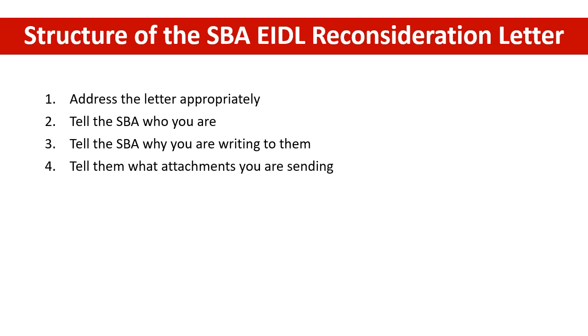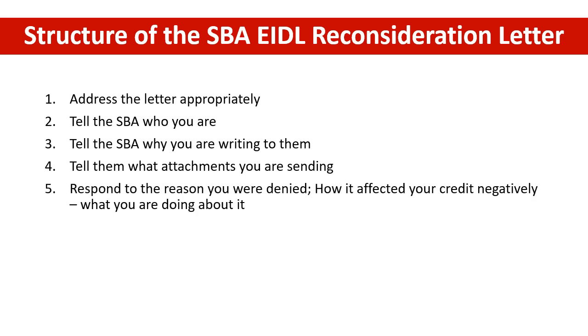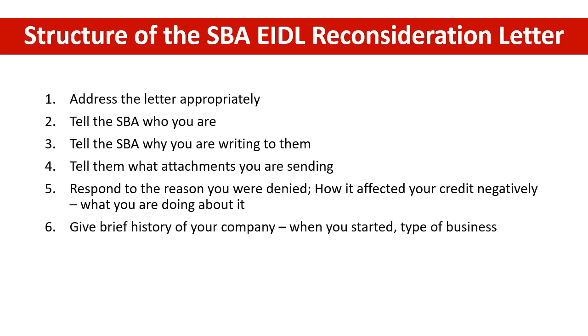You're going to tell them the exact attachments that you are sending and including. You're going to respond to the reason why you were denied, how it affected your credit negatively, meaning the COVID situation, or even if you had some previous things, we address that too. What you're doing about the negative credit and why that is not going to impact you getting this loan.